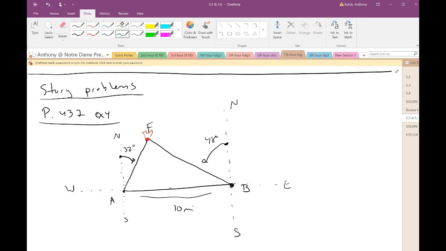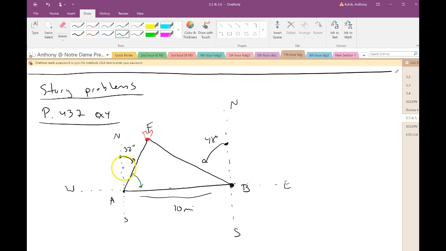What's the issue with this picture, though? I don't know any of the interior angles of this triangle. But that's not so bad. I can find the interior angle A here pretty easily. How can I find that? From 90.